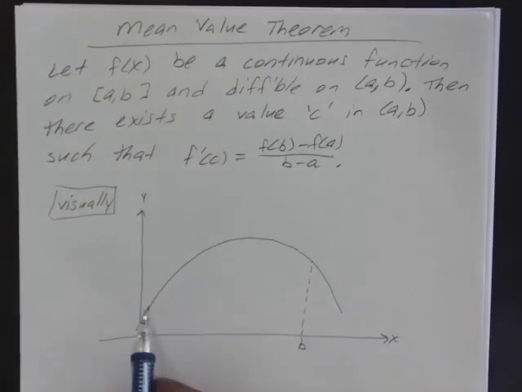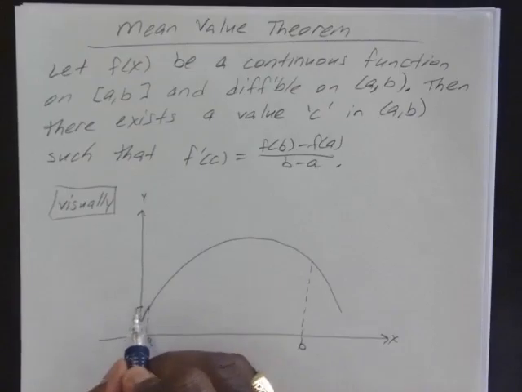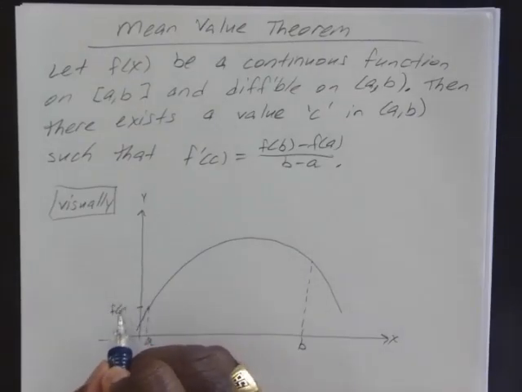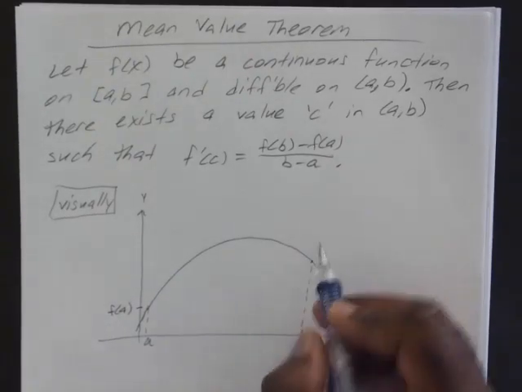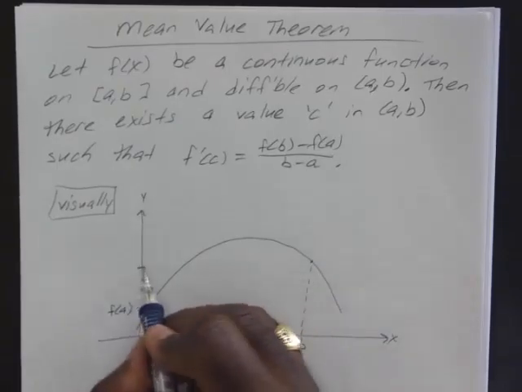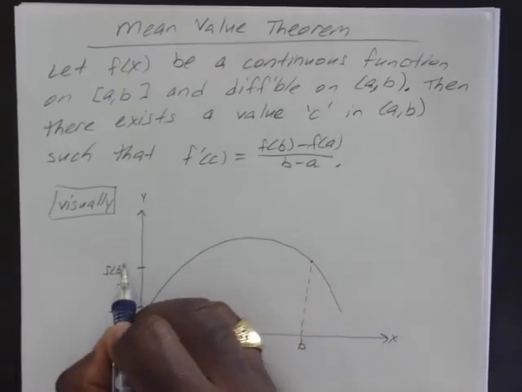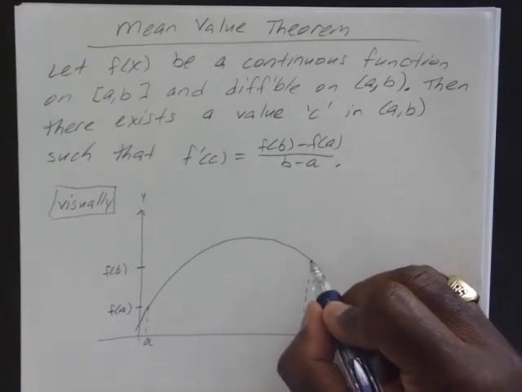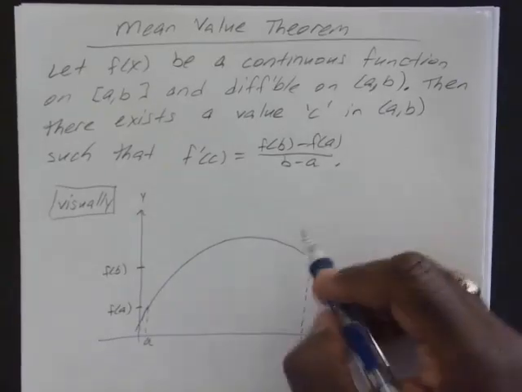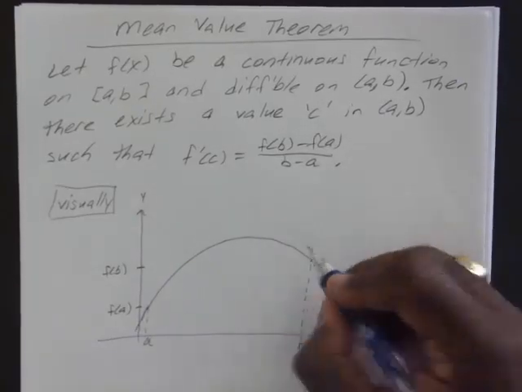Okay, so if we plugged in a into our function, well, we get some value f of a. And if we plugged in b into our function, we'd get some value f of b. So this point right here, this is the point b, f of b.